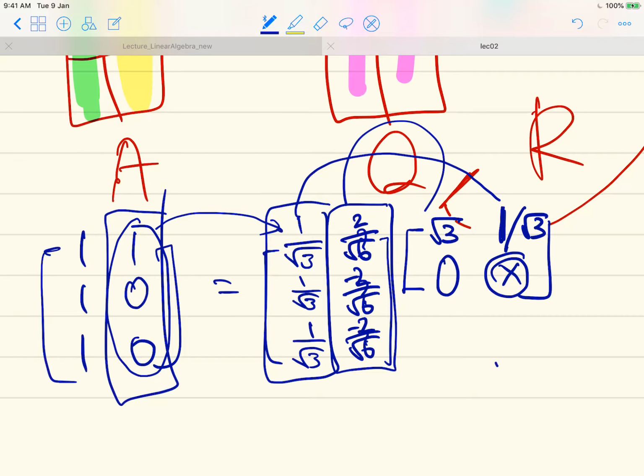Okay, so while doing the Gram-Schmidt process, I mean, the first column, second column, and so on. Suppose we are at maybe the fifth column, and this fifth column is linearly independent of the previous 4 columns. Then that blue part is what?